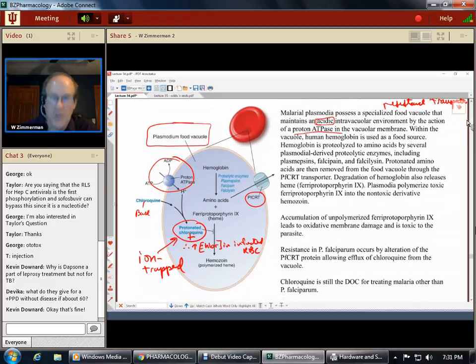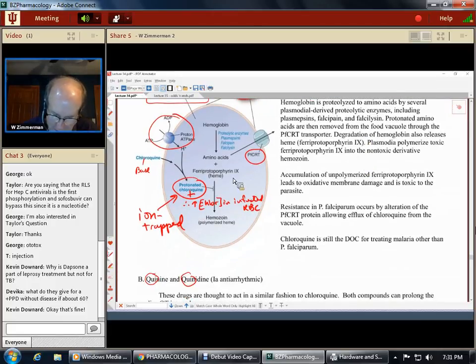Well, normally the bug chews up the hemoglobin, you wind up with all the amino acids, but you've got that iron ring, the porphyrin ring there. And that has to be done something with because that is toxic. So what the bug does is polymerize that. And this polymerized heme, the hemozoin, is not toxic.